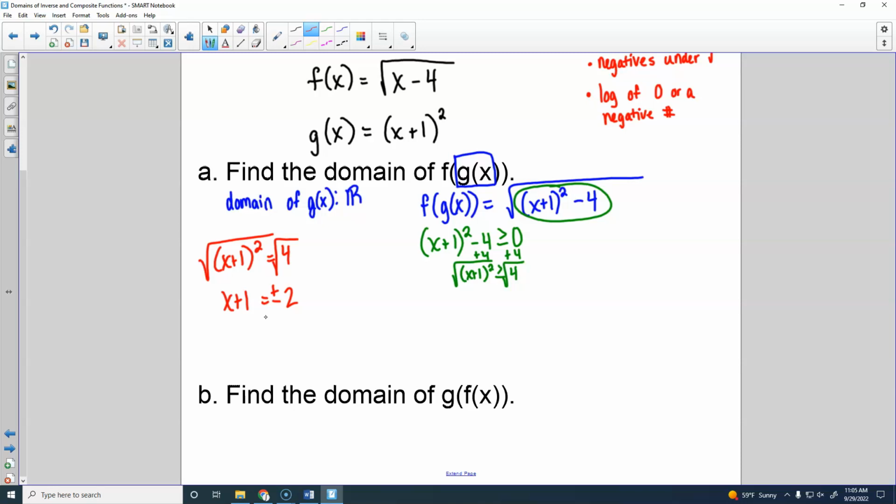The other way we could have done this is we could write it this way, absolute value of x plus 1 equals 2. Because that means x plus 1 can equal 2, or x plus 1 can equal -2.